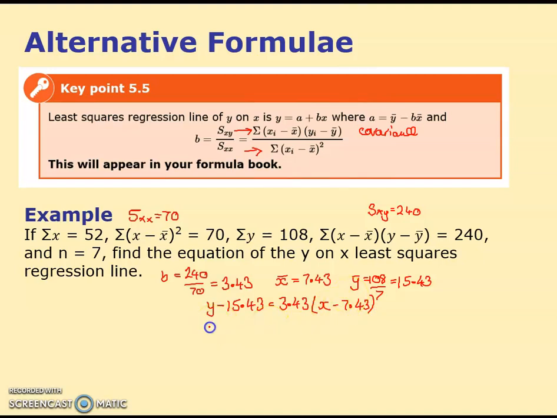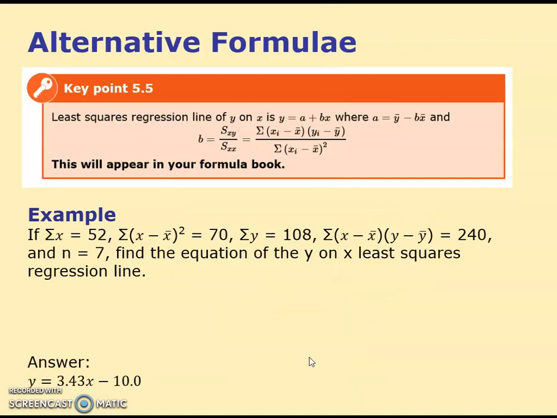That gives me y minus 15.43 equals 3.43x minus, I just did it on my calculator, 25.49. Now, obviously I can move that over and I get y equals, if I do it in the correct order, that becomes a plus, that's a minus, and it gives me 10.0 plus 3.43x.